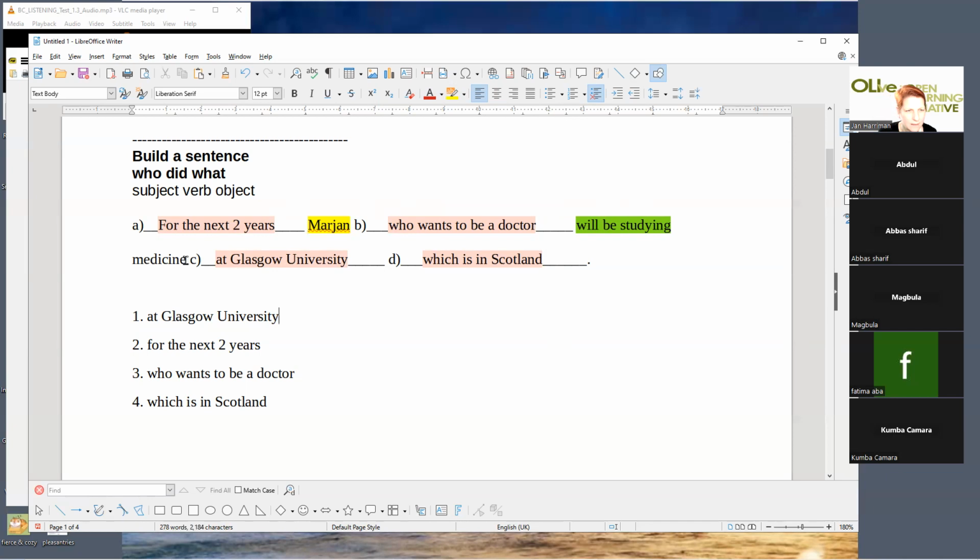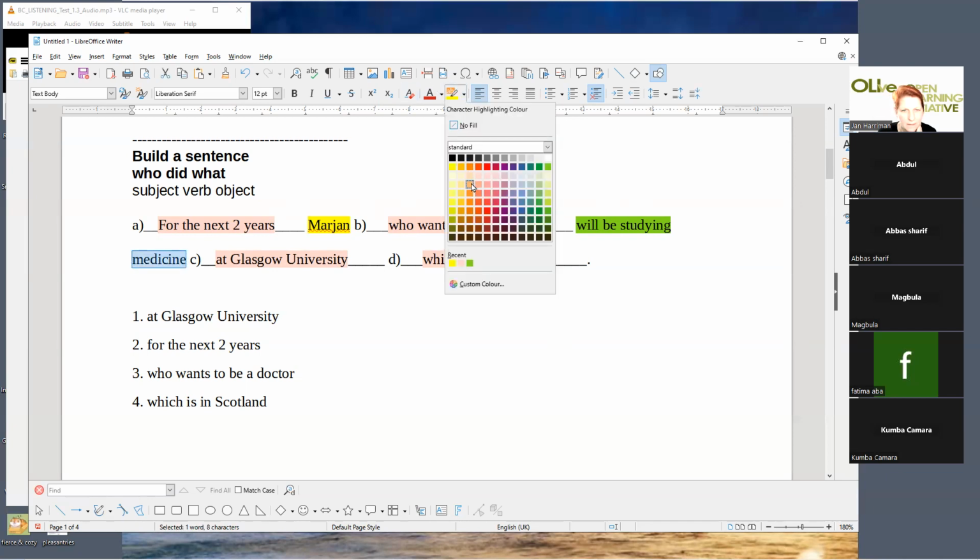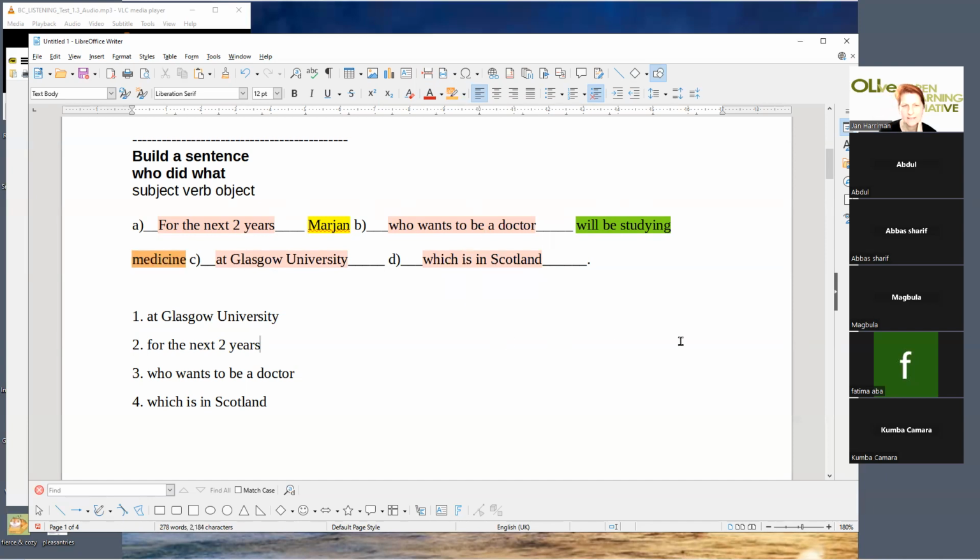Wants, I think it's called sense verb or something. Wants, need, feel, yes, but you know what? We could have a sentence that said Marjan wants to be a doctor. Then it's active.